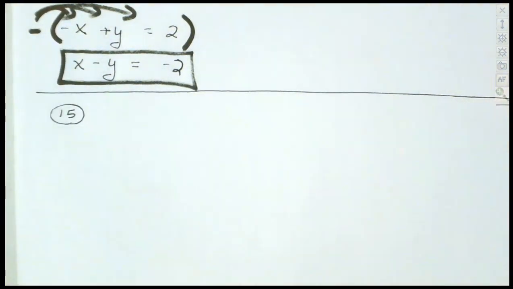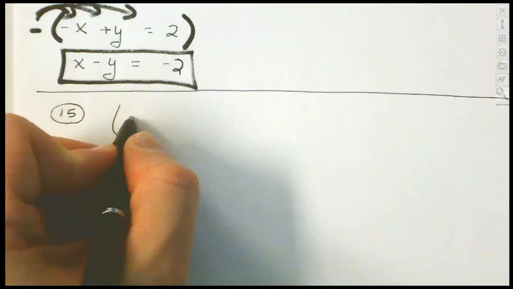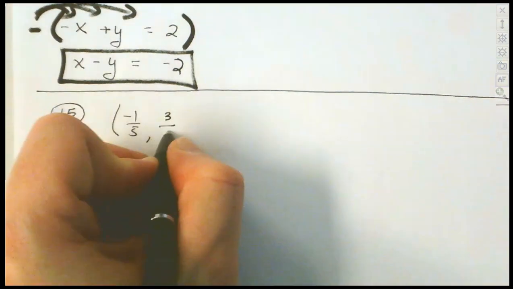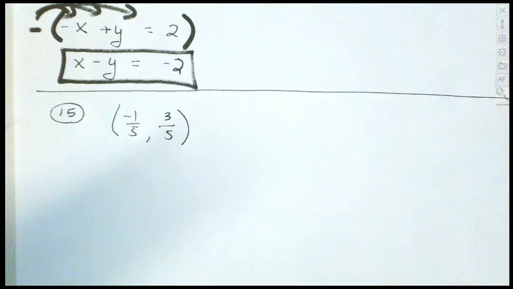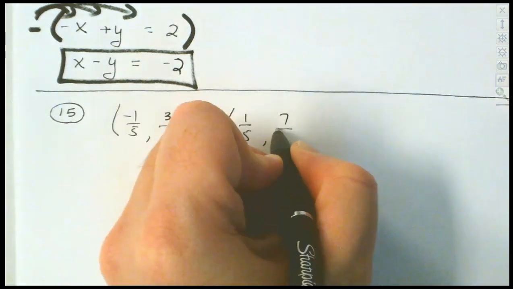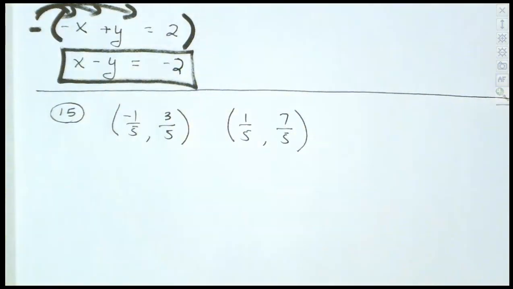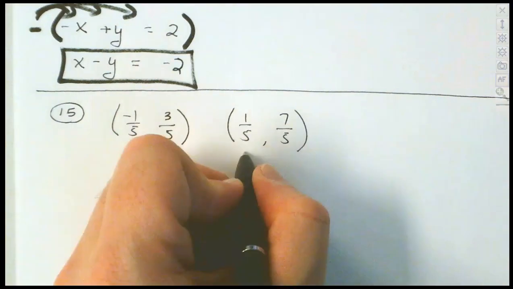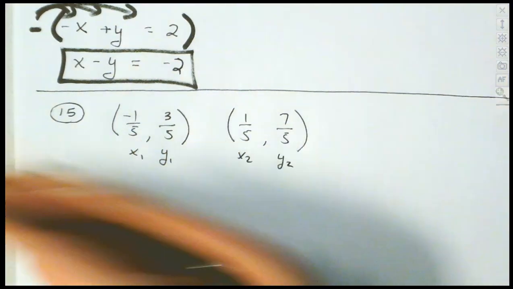The last question from this section is question 15. And that's minus 1/5, comma 3/5 for your first point, and 1/5, comma 7/5. x1, y1, x2, y2.